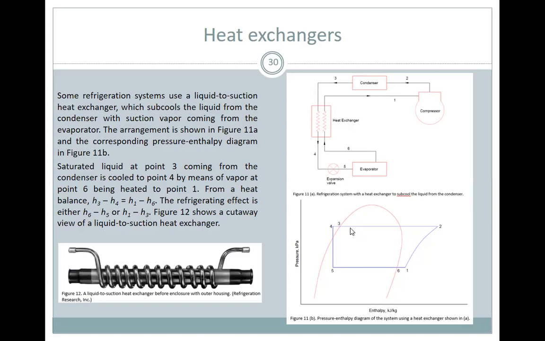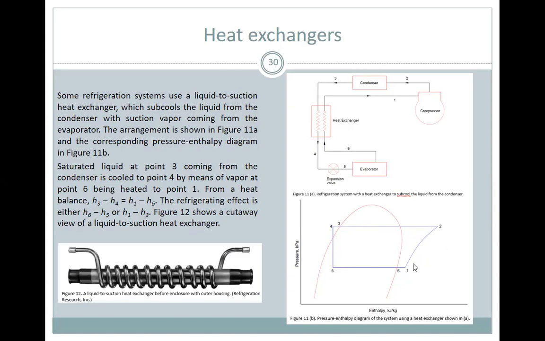So, ito na yung numbering mo. 1, 2, 3, 4, 5, 6. Okay. So, subcools from 3 to 4. Subcools the liquid from the condenser, 3 to 4, with suction vapor coming from the evaporator.